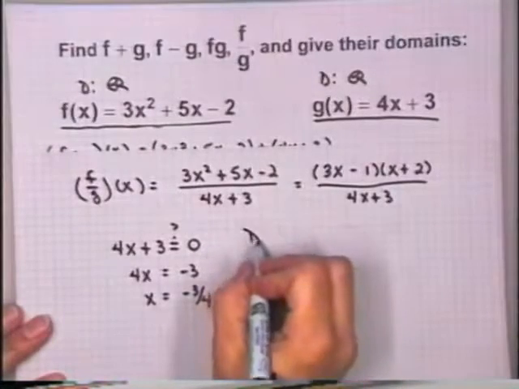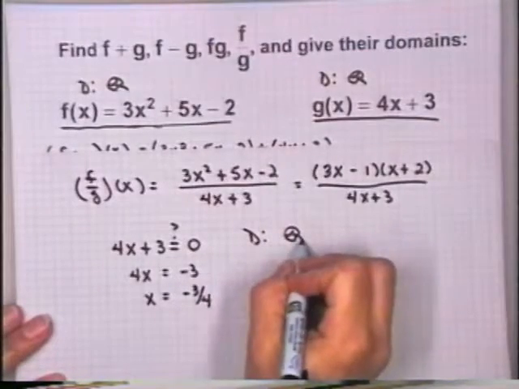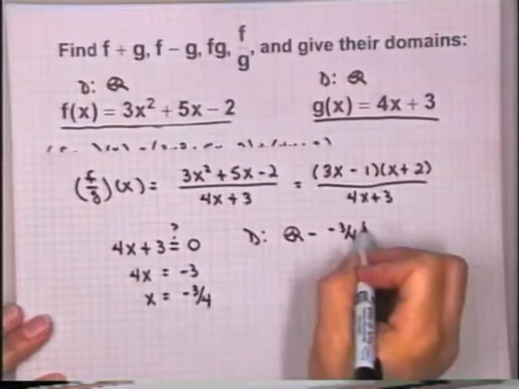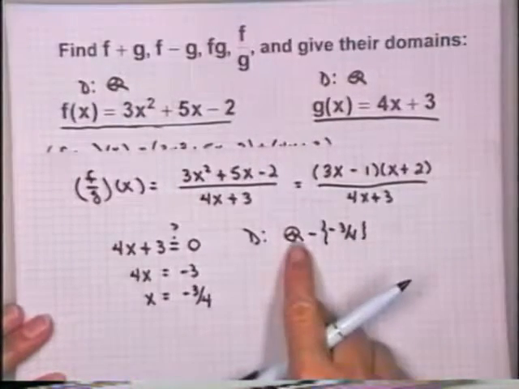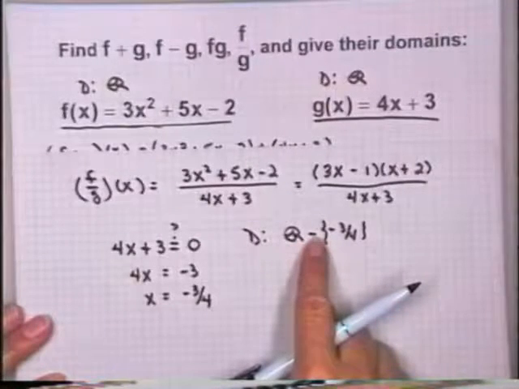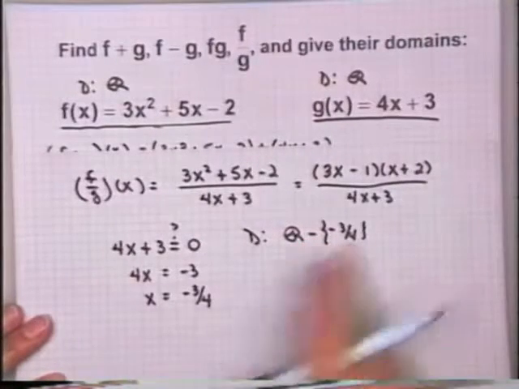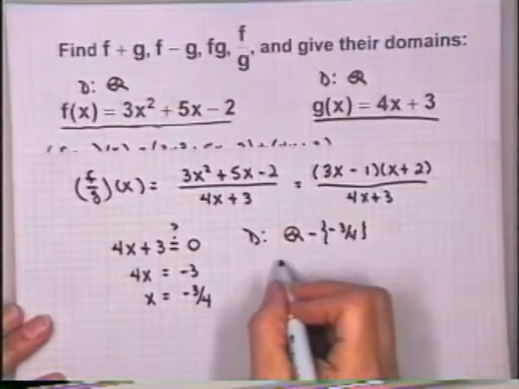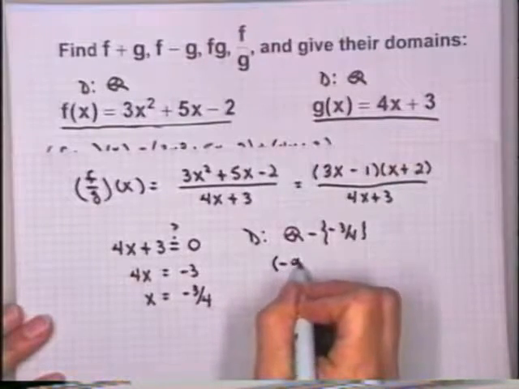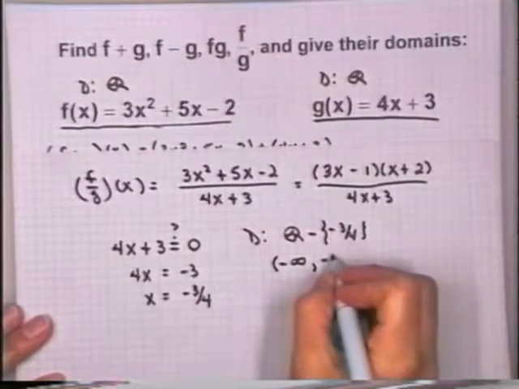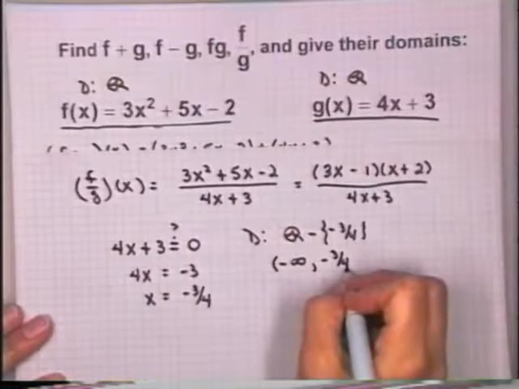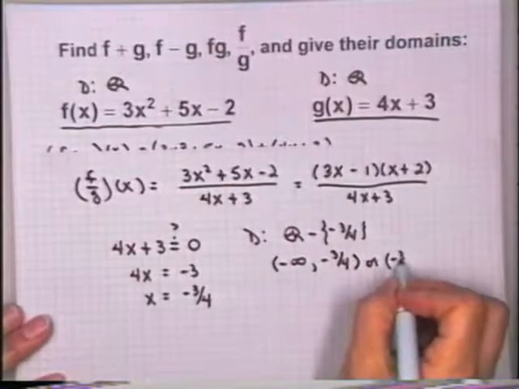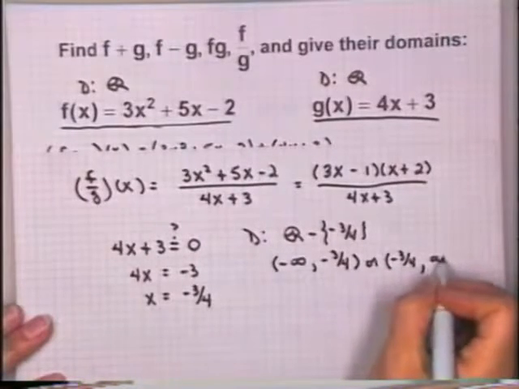So what we want to say here for our domain is the real numbers, but we want to take away negative 3/4. Now, one way that you can say that is to say the reals minus, meaning take away or leave out, the number negative 3/4. Another way, of course, that you could write this domain with our interval notation is to say that from negative infinity, we can go all the way to negative 3/4, use a parenthesis, and then we could pick up on the other side of negative 3/4 and go to positive infinity.